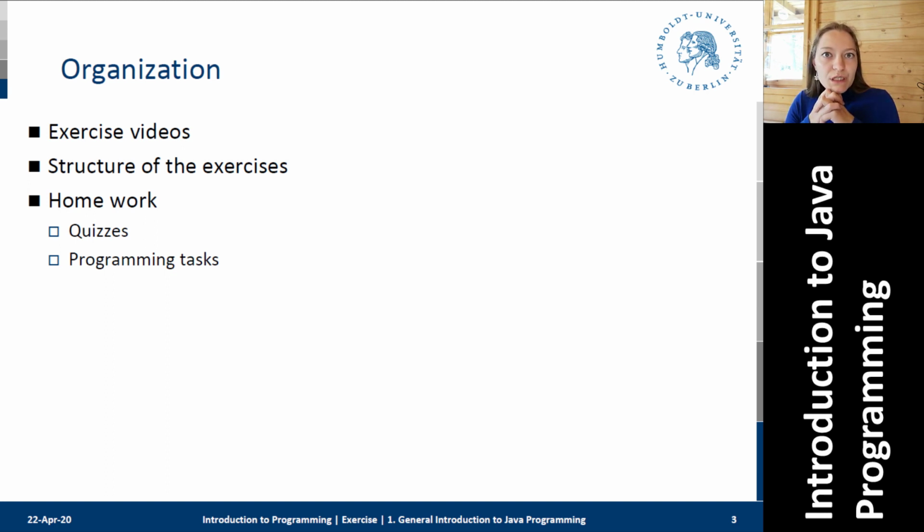The first option is to follow the weekly schedule: one academic hour per week for a lecture and one academic hour per week for an exercise, and organize your Java study in this way till the end of the semester.